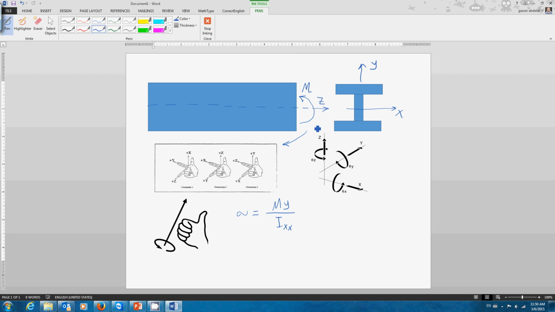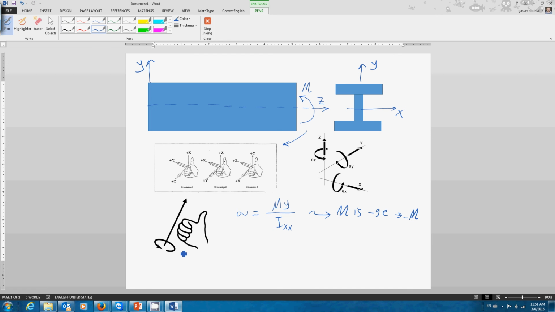If I look at the thumb rule and I put my thumb in the x direction, which in this case means going inside the screen, here is y, so x will be going to the inside of the screen. If I look at this M, I will find simply that M in this case is negative, so actually it is minus M, because it's not following the positive thumb rule.